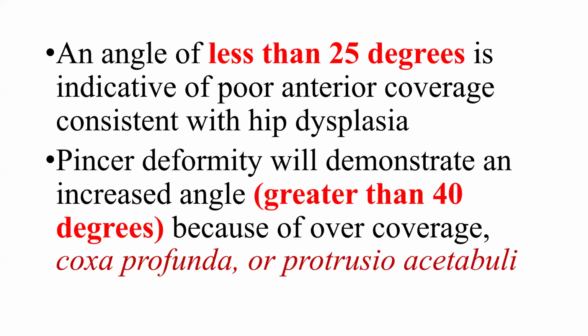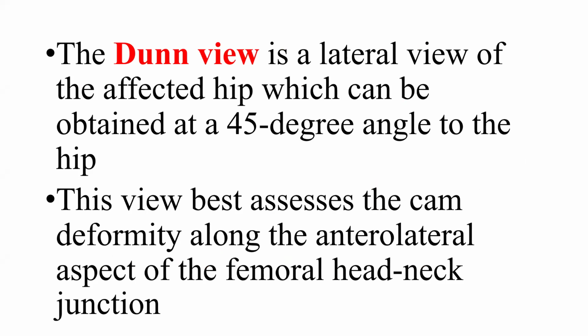Pincer deformity will demonstrate an increased angle greater than 40 degrees because of overcoverage, as I spoke about with coxa profunda and protrusio acetabuli. The Dunn view is a lateral view of the affected hip, which can be obtained at a 45 degree angle to the hip.